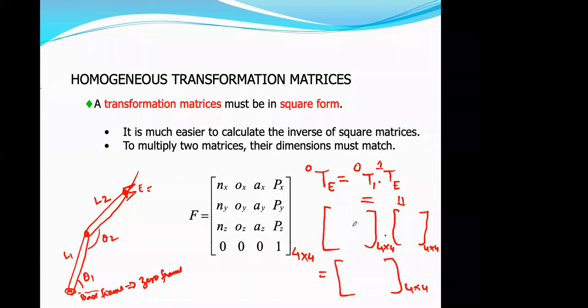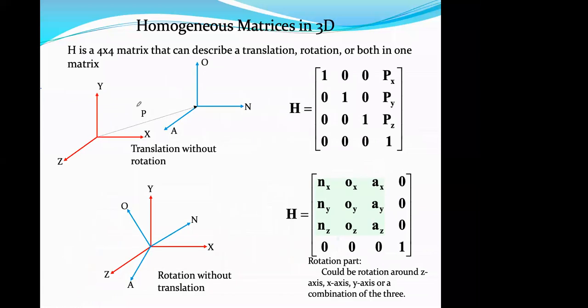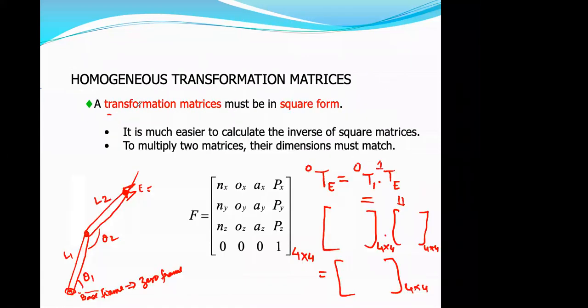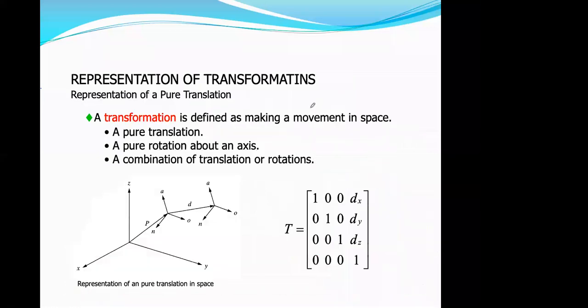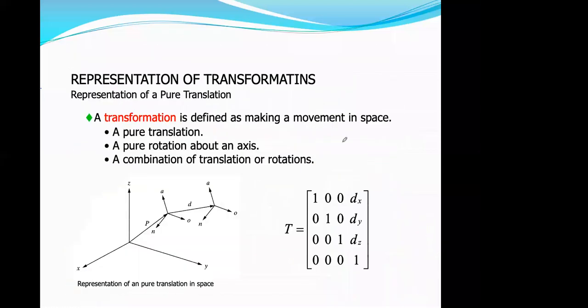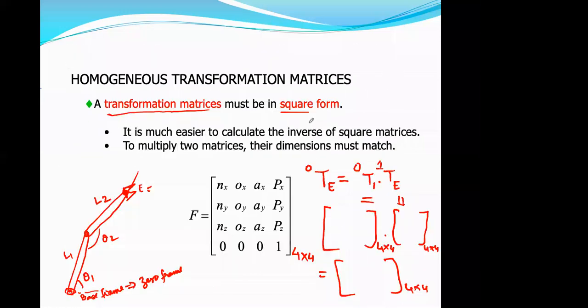So that is why the transformation matrix is taken in the square form.